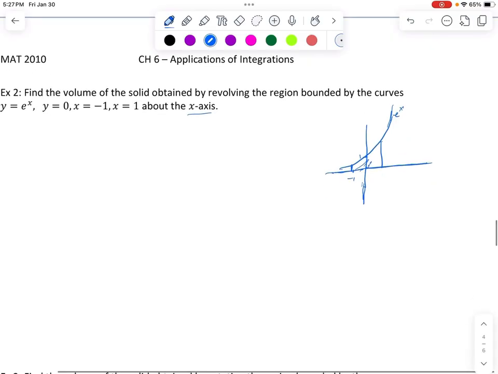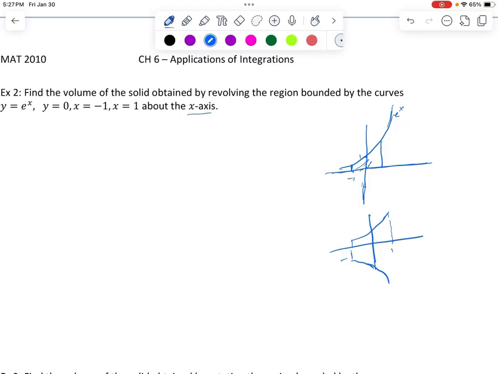So when we revolve it about the x-axis, what do we get? So again, I'm now only going to draw the piece. So this is our piece. We revolve it. This is something we get.